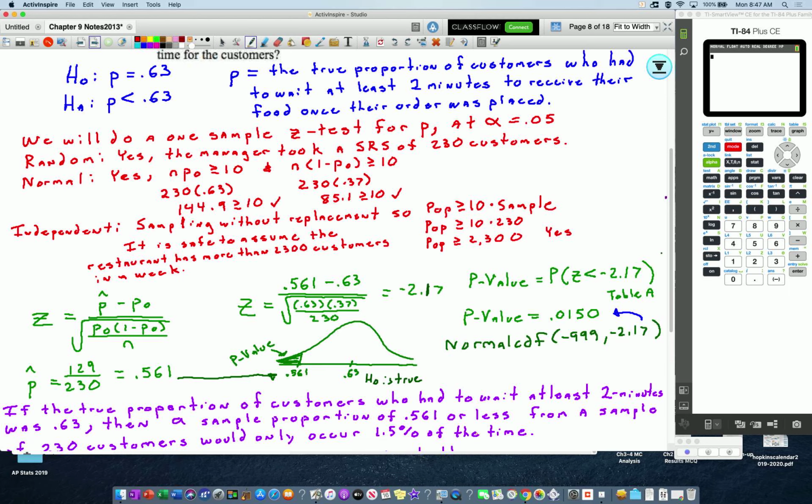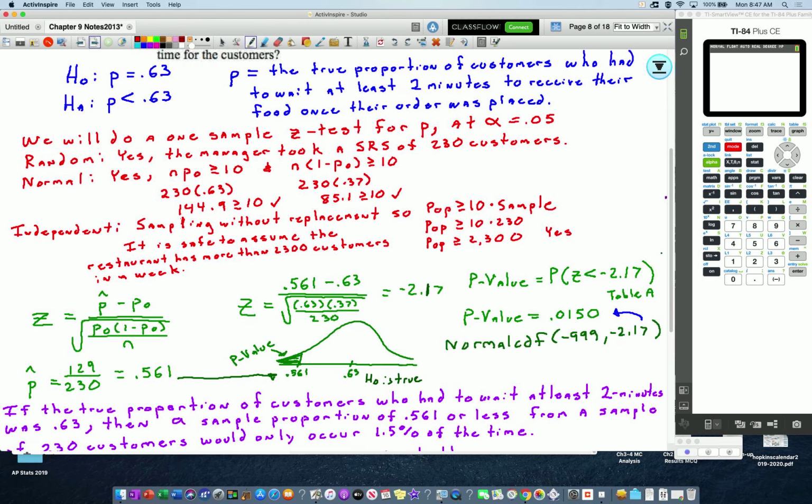So I go through random, normal, independent. Random, yes, the manager took a simple random sample of 230 customers. Is it normal? So is n times p of the null and n times 1 minus p of the null greater than or equal to 10? Meaning basically, how many customers would we expect to have had to wait at least 2 minutes?